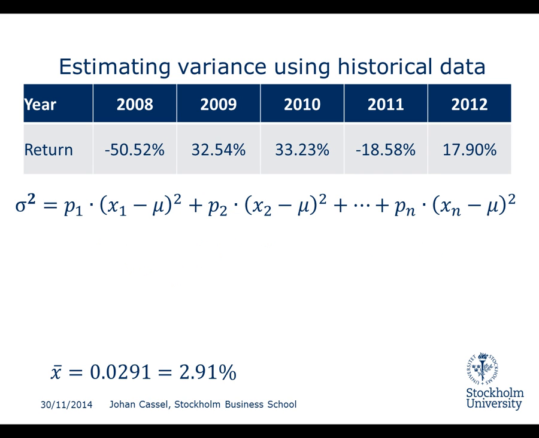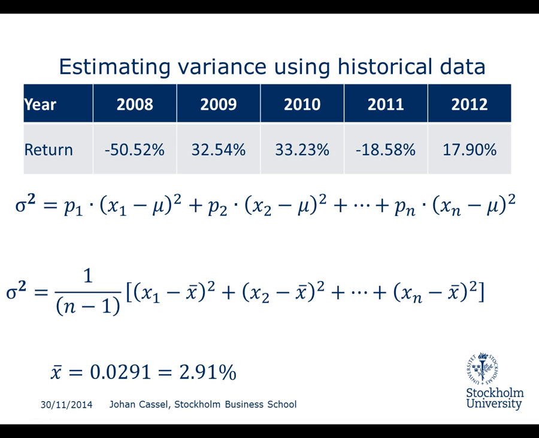So when you estimate variance using historical data, we cannot use this formula. First of all, we don't have any probabilities. Second of all, we don't have an actual expected value. We have this arithmetic average, which we use instead as an expected value. So the formula is going to change slightly, and it's going to change in this way. First of all, we replace all expected values by this arithmetic average, which is our estimation of the expected value.